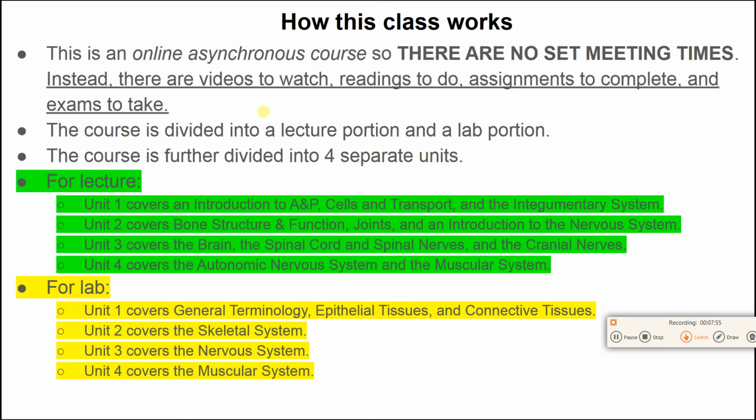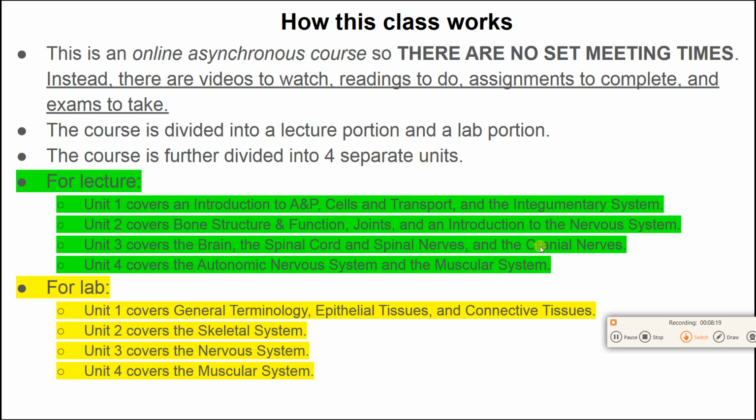Unit 1 for lecture is an introduction plus cells and transport and your skin. Unit 2 for lecture is bones, how they look and work, joints, and a little intro to the nervous system. Unit 3 is even more about the nervous system. We're talking brain, spinal cord, spinal nerves, and cranial nerves.